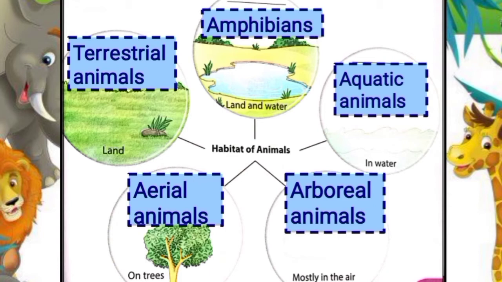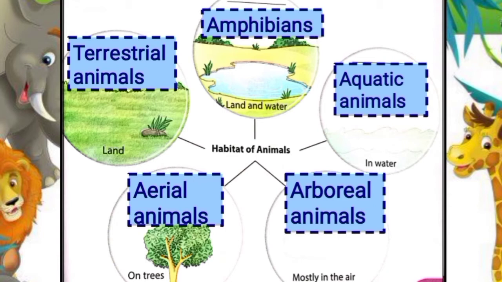So the place where an animal can live is called its habitat. So animals are found everywhere, on land, on trees, flying in the air, and in water. So some animals are also found on both land and water.